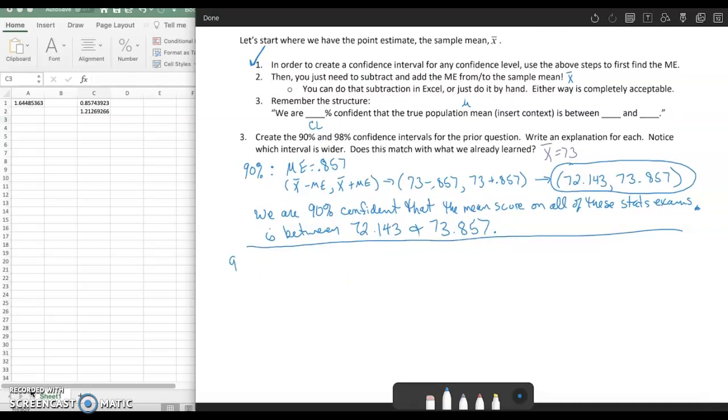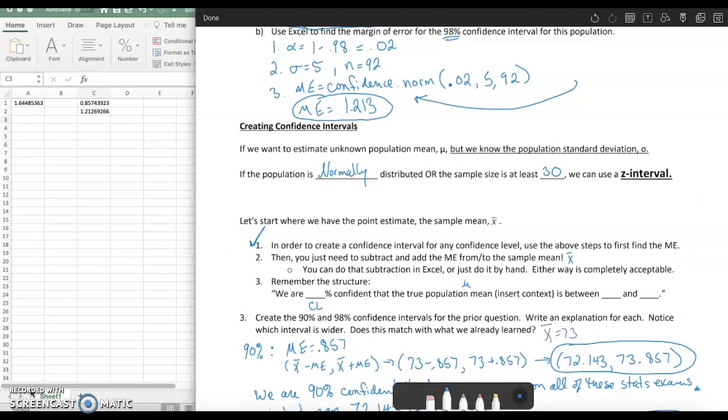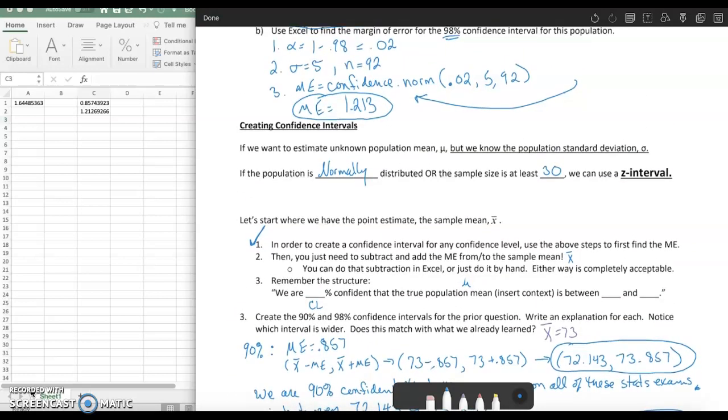Okay, now let's make the 98% confidence interval. I would have to calculate this margin of error from scratch typically, but we're just going to go grab it. It was 1.213.